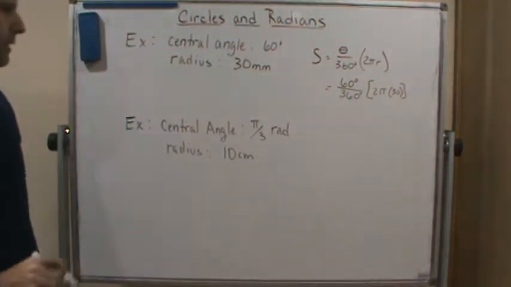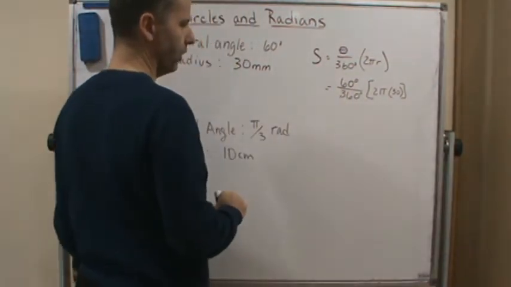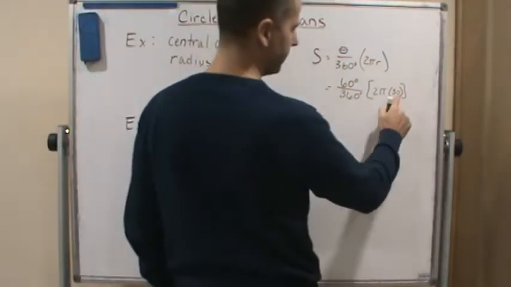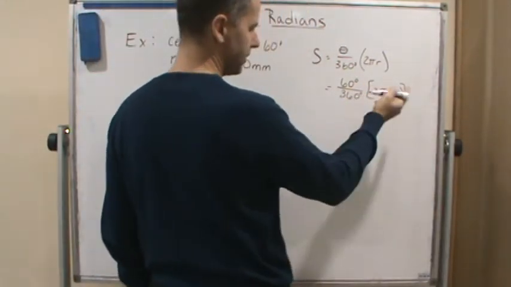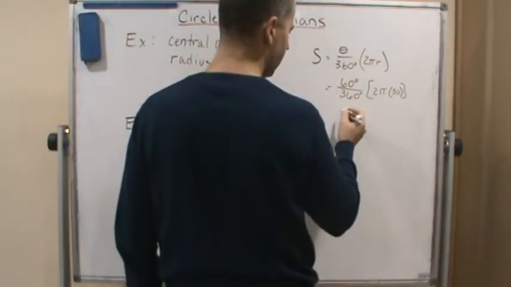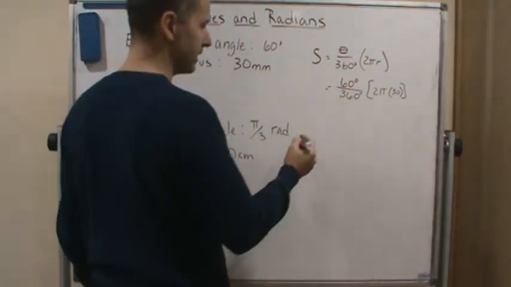Now if we simplify this, notice the degrees cancel. And so again, we're looking for arc length, and this is millimeters. The degrees cancel, so our final answer is going to be in millimeters, which is exactly what we want. So 60 divided by 360 is 1 over 6, right?